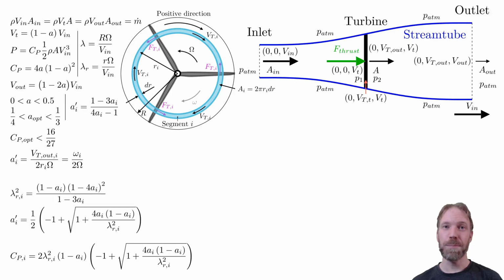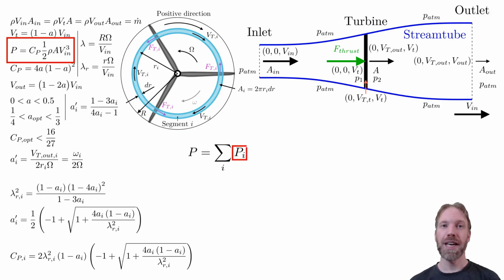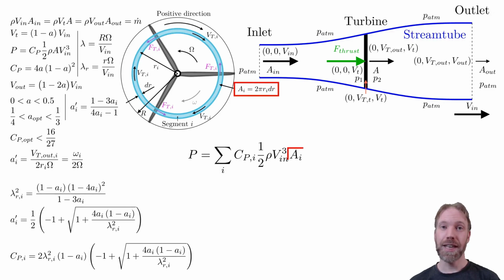In the final step, we are going to move from calculating everything from our segment and instead do the calculations for the full turbine. We get the power by calculating the sum over all the segments. Use the relationship between the power and the power coefficient for the segment. Insert the area for the segment.